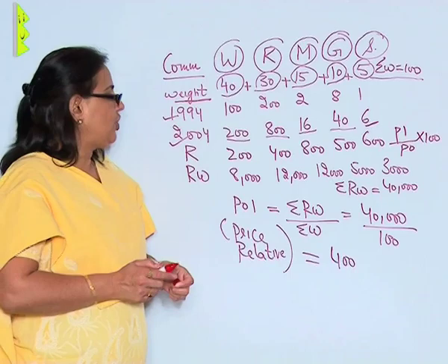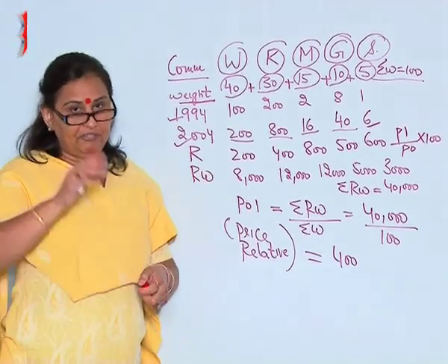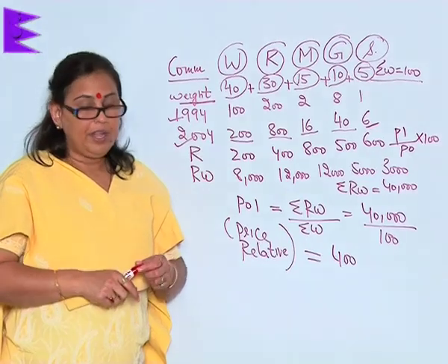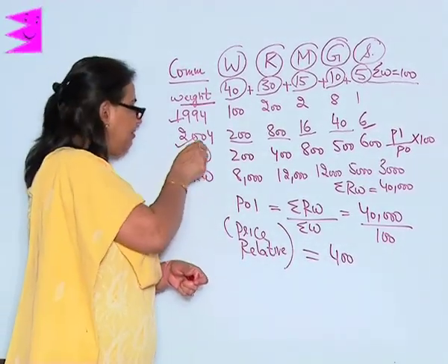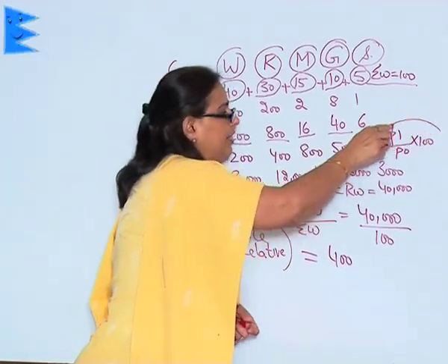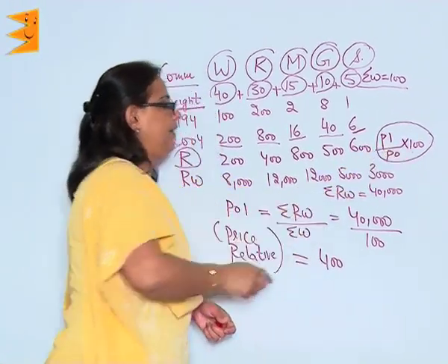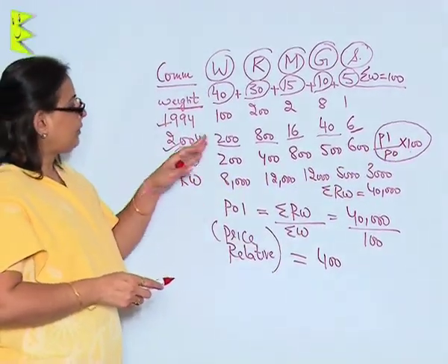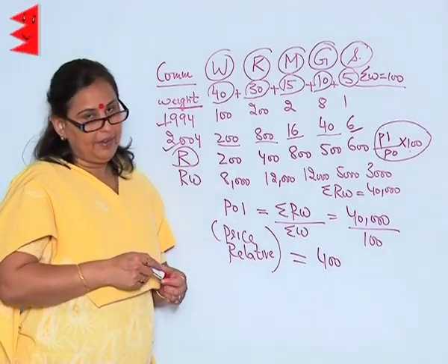Now here I shall find out the price relative. The first thing that we have to find out is the price relative. To find out the price relative R, we will take this formula into consideration, that is P1 upon P0 into 100, the current year price upon the base year price multiplied by 100.